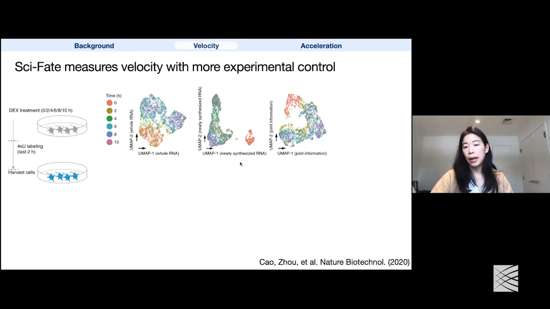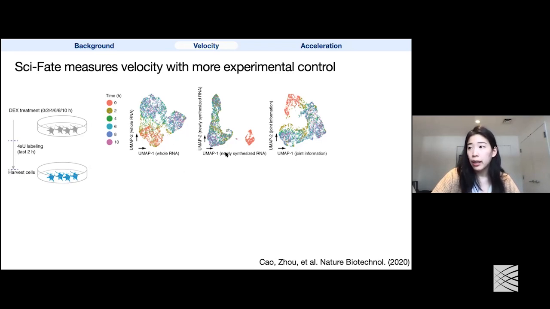So these 3 UMAPs show how looking at newly synthesized RNA versus the whole RNA gives you different information. In the whole RNA UMAP, you don't really see a clear separation between the no treatment condition of red and the 2-hour condition in yellow.